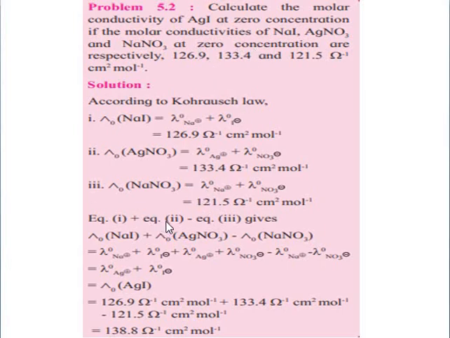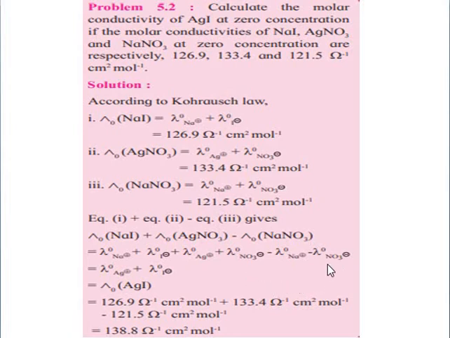Then equations 1, 2 and 3 follow the Kohlrausch law, with addition and subtraction. The molar conductivities of sodium iodide and silver nitrate are added and the molar conductivity of sodium nitrate is subtracted. Therefore, lambda 0 NaI plus lambda 0 AgNO3 minus lambda 0 NaNO3 equals lambda 0 Na plus lambda 0 I minus plus lambda 0 Ag plus lambda 0 NO3 minus minus lambda 0 Na plus minus lambda 0 NO3 minus.